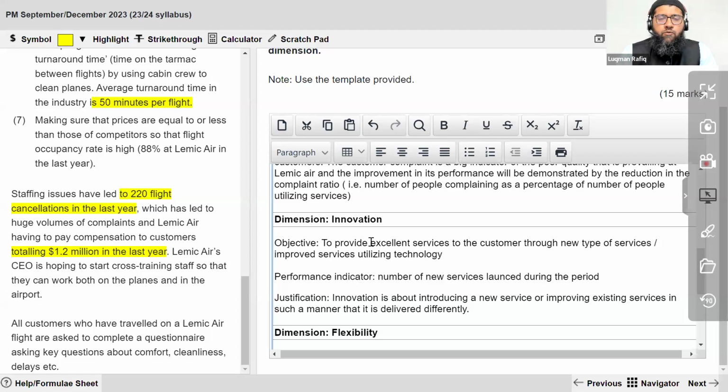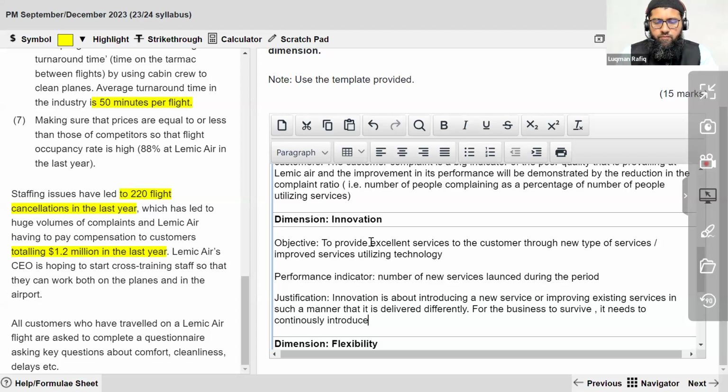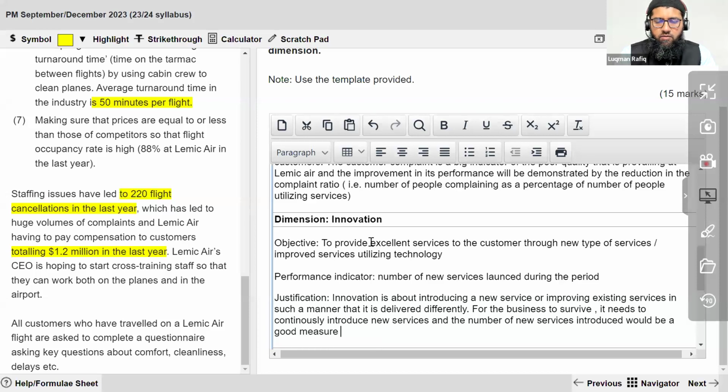Now, what actually happens is that for the business to survive, it needs to continuously introduce new services, and the number of new services introduced would be a good measure for the innovation.